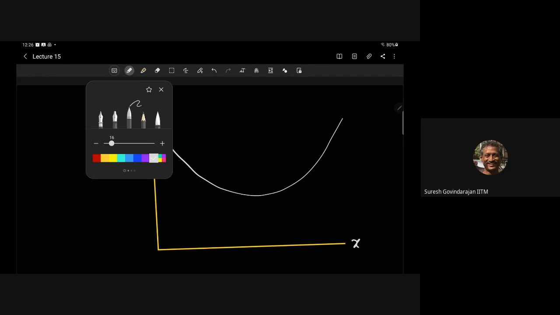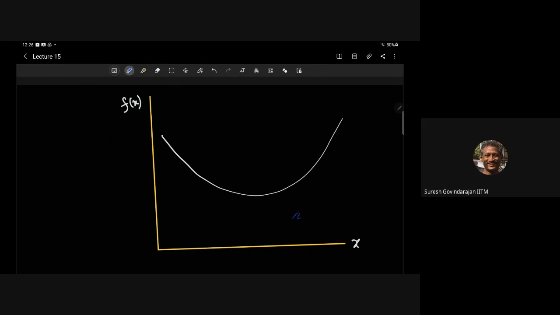I need some other color, so let's choose blue. Let's say that we have a point here, x. So we pick here. So f of x is the value of this function. Can you see blue properly? Yes, sir. Okay, good.